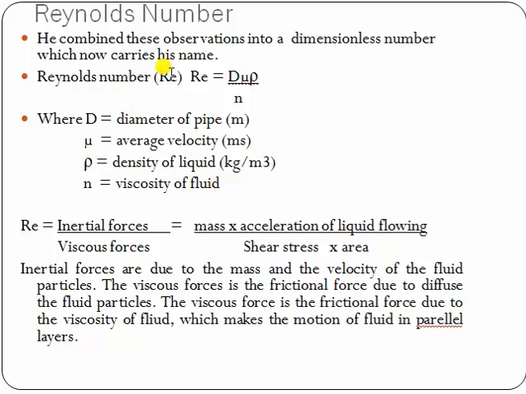So again the equation is Re is equal to d mu rho divided by n. Further, Reynolds number is referred to as inertial forces divided by viscous forces. The inertial forces are mass into acceleration of liquid, while viscous forces are shear stress into area.